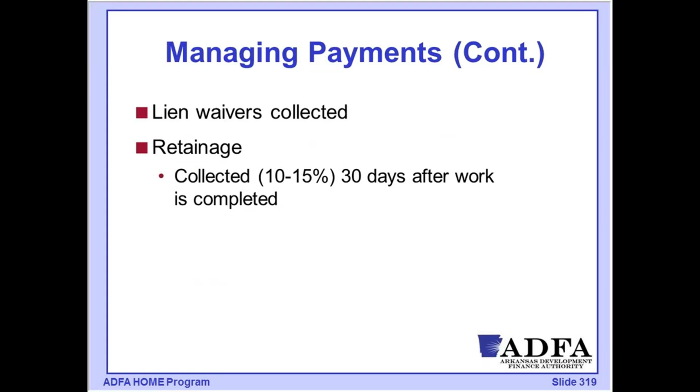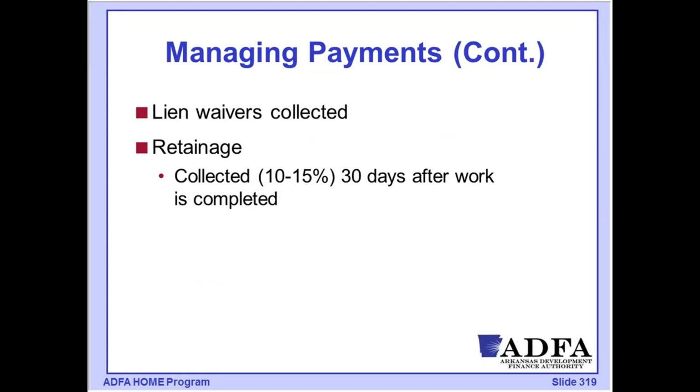As sort of a safety on this, a retainage is going to be collected, 10 to 15% of each draw, which is going to be held until 30 days after all of the work has been completed and the project has been signed off on.